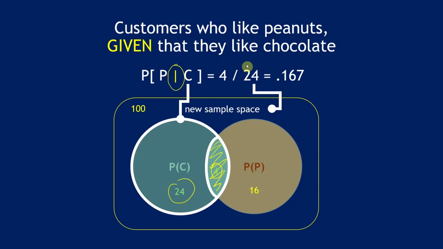Okay, so this number 24 over here, the denominator has to be the size of the sample space. The sample space used to be 100, but now with the conditional over here, the size of C becomes the new denominator.